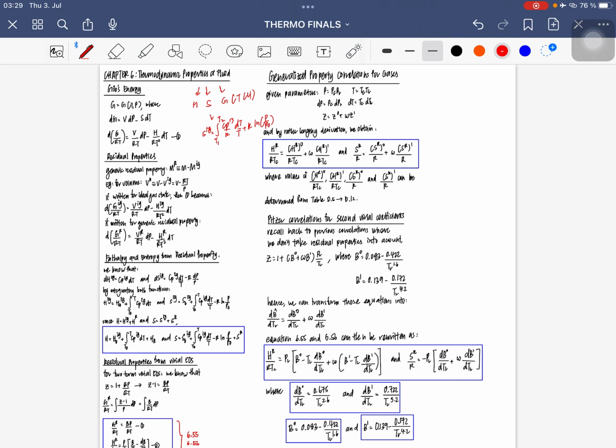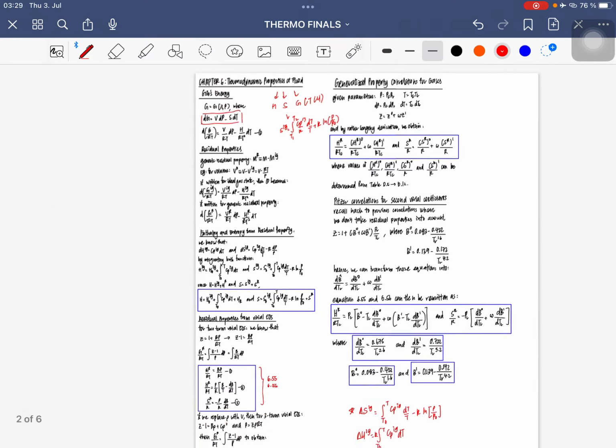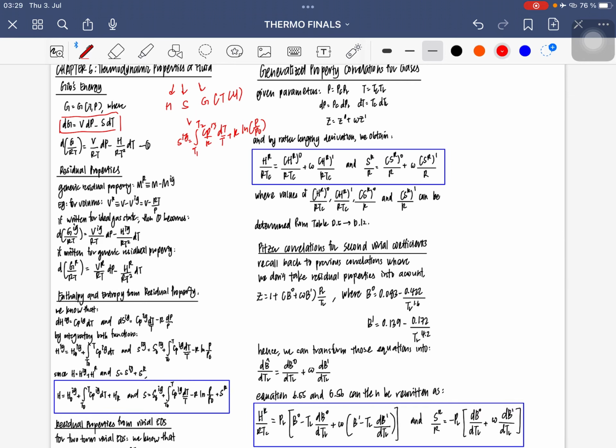Gibbs energy is to calculate the maximum work done when the temperature and pressure are kept constant. The formula is this one. But really, you don't need this formula because you can just find your Gibbs free energy from table C4, and finding the total Gibbs free energy is the same as finding heat of formation, which is Gibbs free of product minus Gibbs free of reactant.